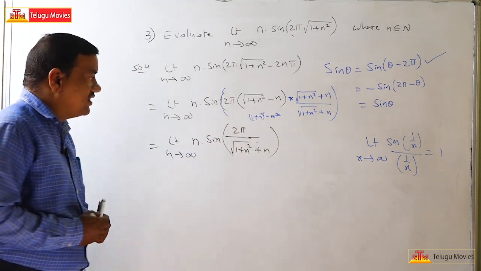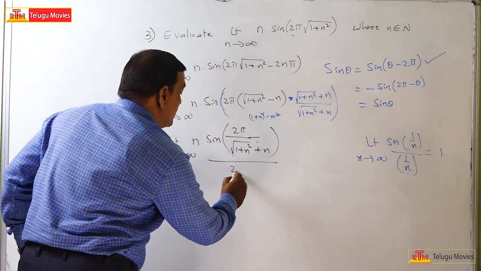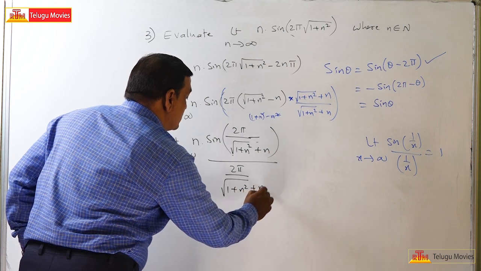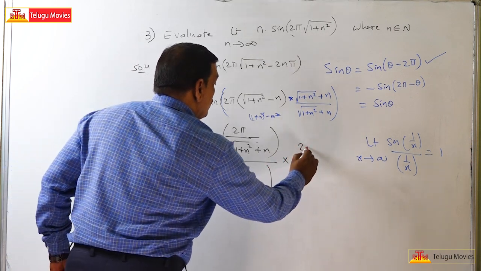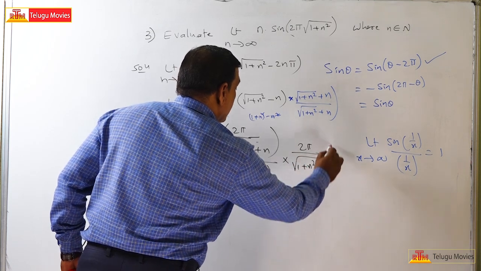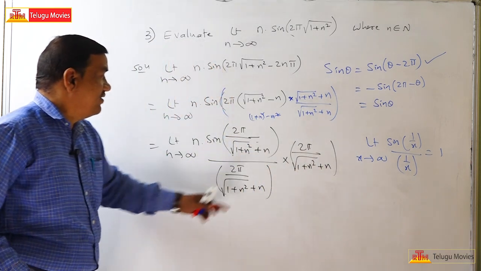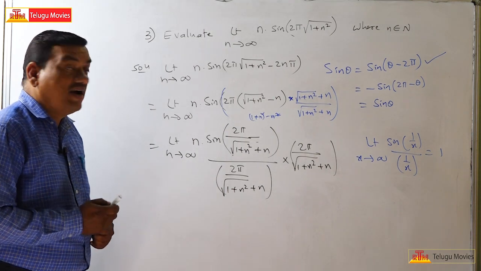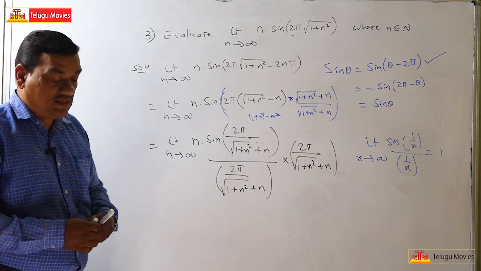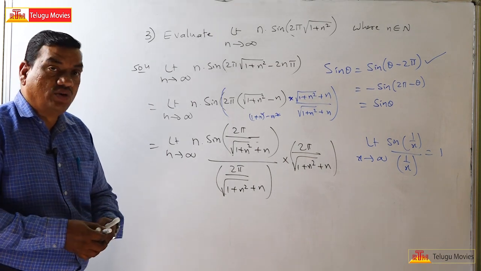Understand? So for this, here also write down 2 pi by root of 1 plus n square plus n into 2 pi by root of 1 plus n square plus n. So multiply and divide with 2 pi by root of 1 plus n square plus n. So why do we have to do that?